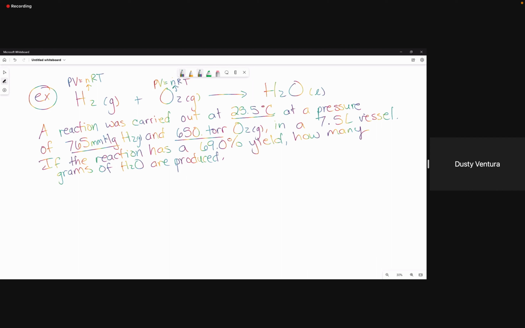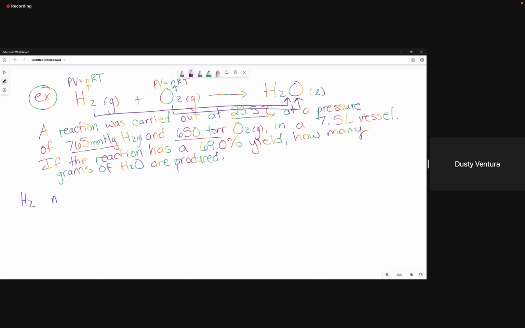So we're still going to turn our reactant into product to figure out our theoretical yield of water based on our starting reagents, but we're not going to go gram to gram like we're used to, or even molarity to gram. We're going to go gas law to gram. So let's do H2. We want to solve for moles, and we have pressure, volume, and temperature.